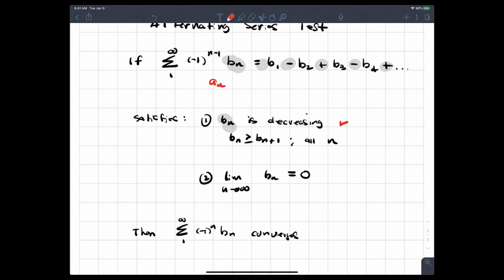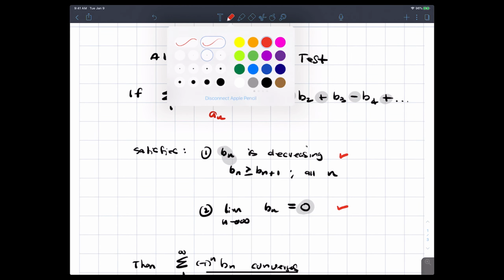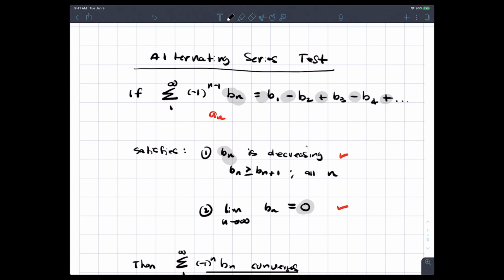The Bn portion has to be decreasing, and really the big deal is that the limit has to be 0. If you show those two things, then we have a convergent alternating series. This is called the alternating series test. I abbreviate it, and you'll see me abbreviate it as AST for short.